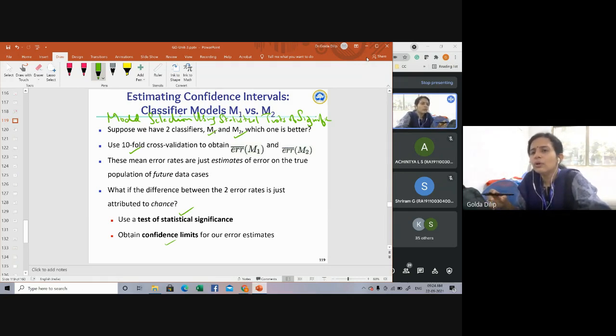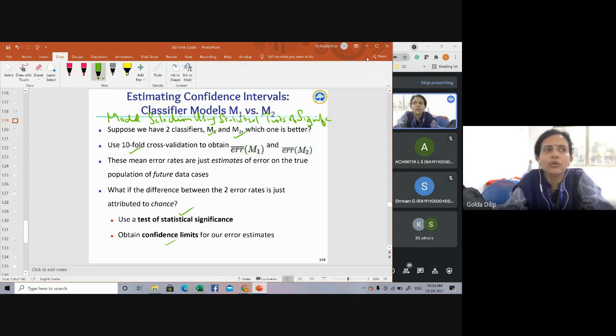In each iteration, one particular group acts as the test set and the others are the training data. So in each split, a different group acts as the test data.